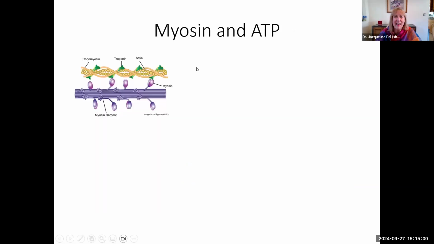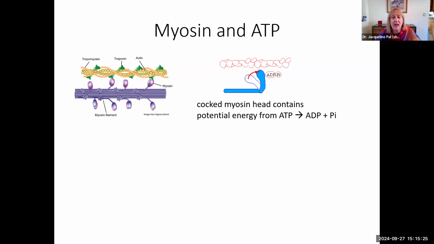So how does this happen? Well, it's exposed, and because we have formed this cross bridge, we are going to be able to have contraction because the myosin head brings its own energy source. Myosin already has ATP bound to it. So here's what that looks like.